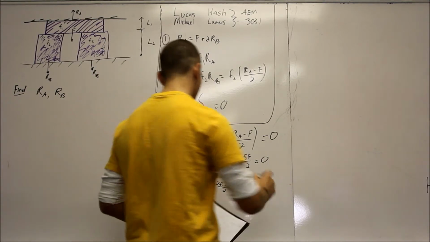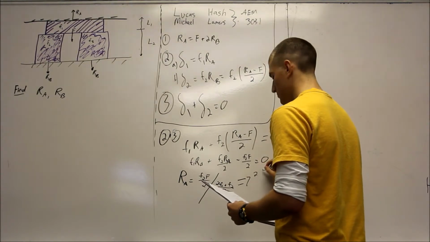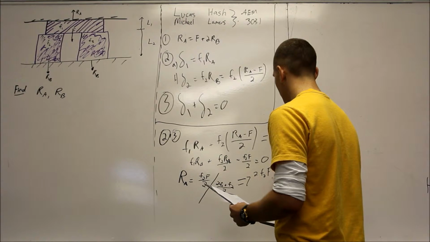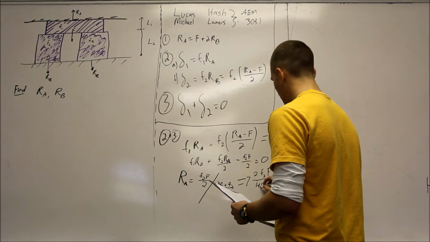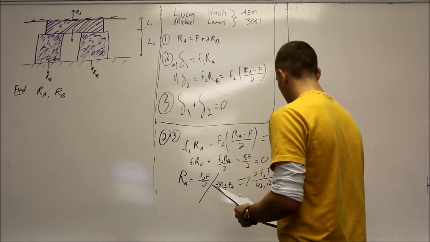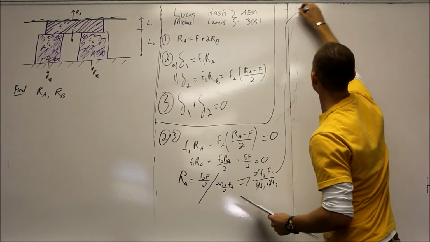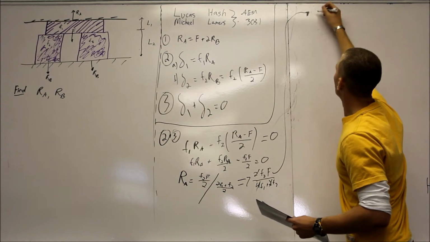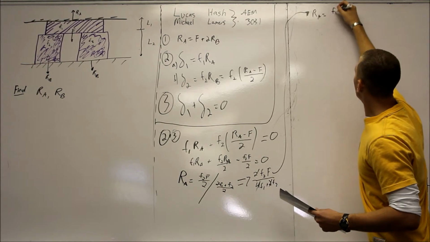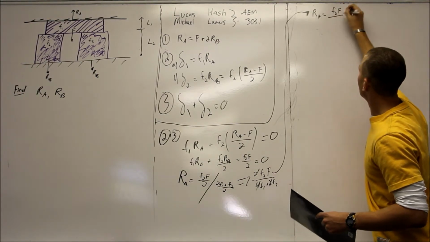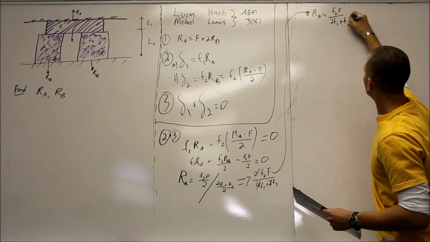It's a lot of algebra, but this is essentially going to be equal to 2 F2 F over 4 F1 plus 2 F2. 2's can cancel. So I'll move this up here because it will be important. This is part of our solution. RA equals F2 times the force in the middle, all over 2 F1 plus F2.